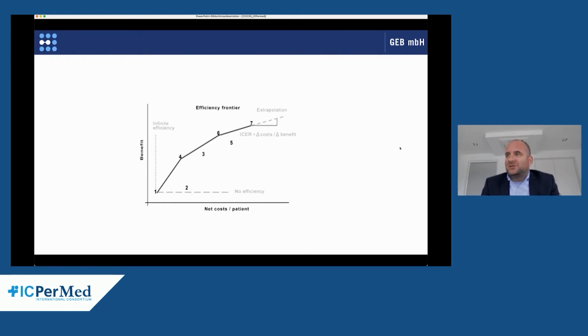It's pretty much the willingness to pay. So the steepness of that threshold, the steepness of these curves, tells us everything about the prices we are willing to pay for a certain drug, technology, product, etc.